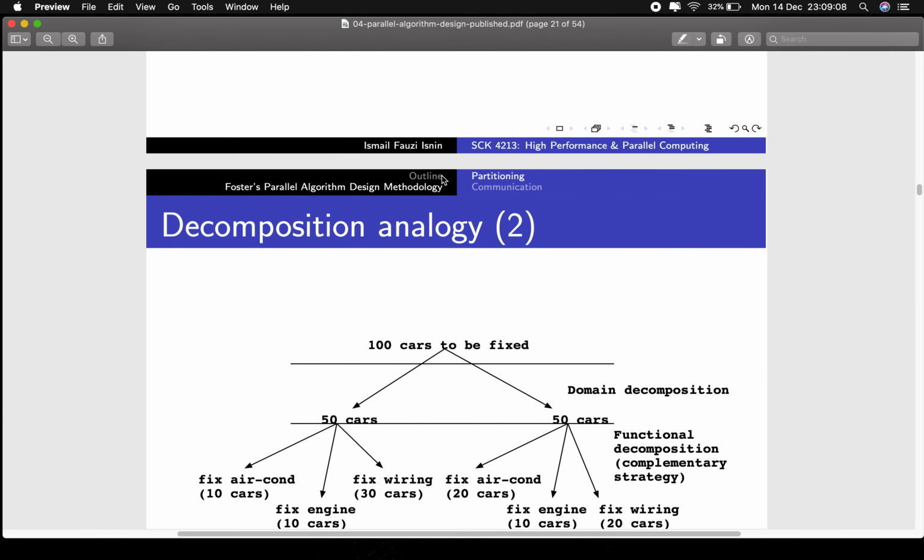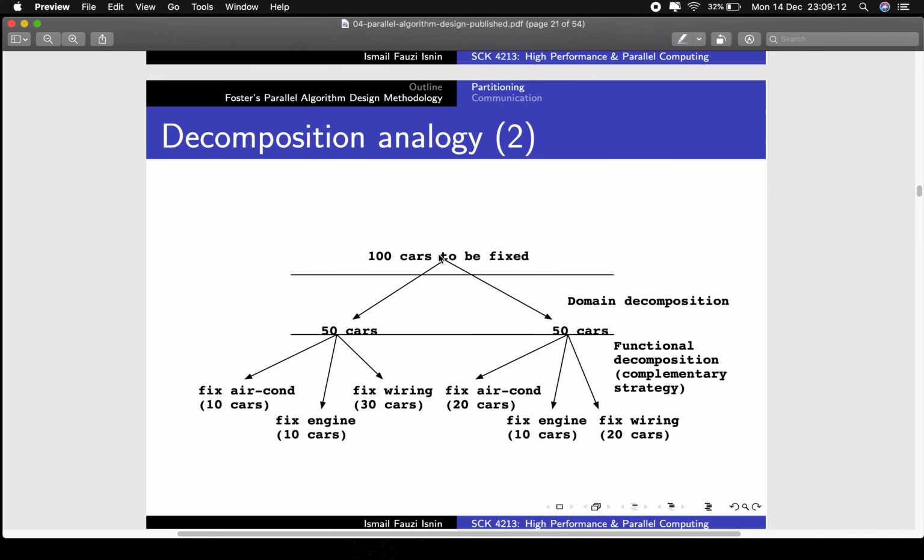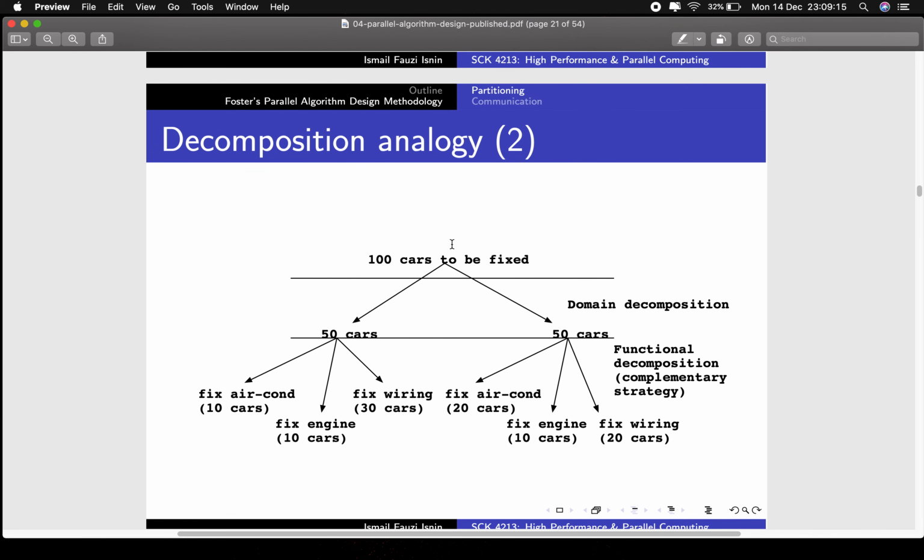But for another method under the decomposition analogy, the second one, you will split it into 2. You have a similar 100 cars that are broken or have some breakdown, and you need to fix them. Then under the second analogy, you will divide them into half, which is 50 cars for each under the domain decomposition.